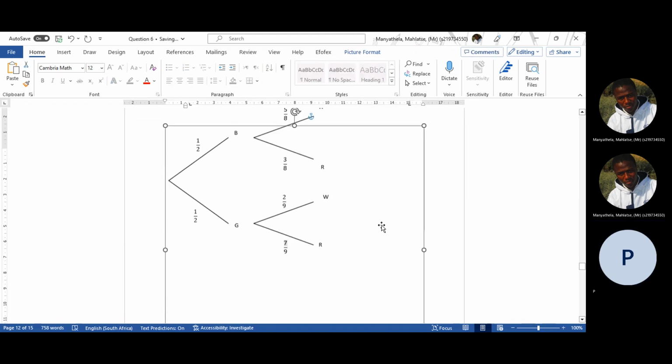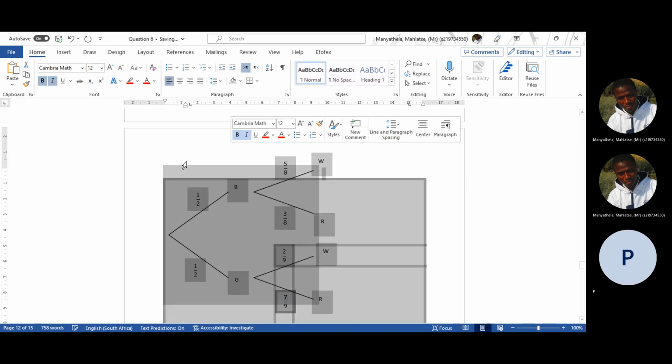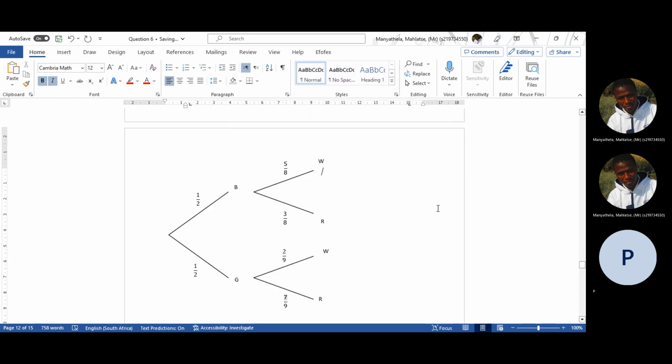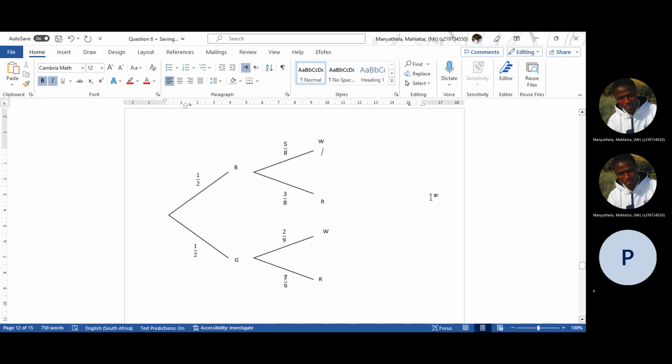So that equals your tree diagram. They say draw a tree diagram looking at the information that we are given. You will draw it like that.